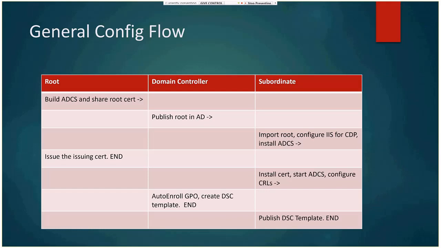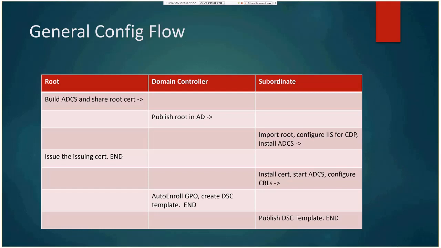Next, I'm going to publish that root in Active Directory so that it's available to all the clients. Then I'm going to install ADCS on the subordinate. I'm going to import that root certificate because I need it. And then I'm going to configure IIS for the CDP.